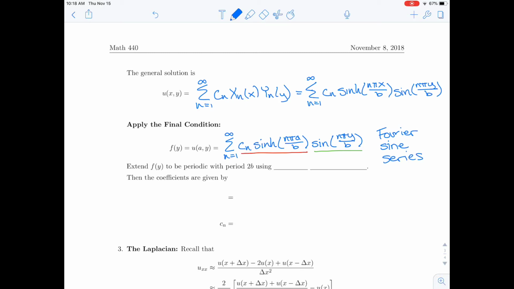So doing what we have done before, we're going to want to extend f of y to be periodic with period 2b using odd reflection.